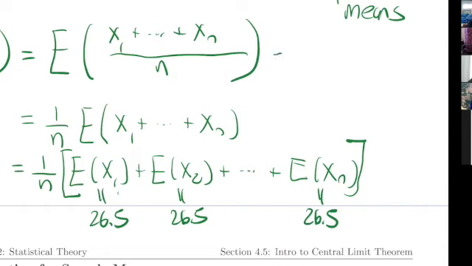So altogether, this is going to give me 1 over n times n times 26.5. That corresponds to the n times that we're adding together 26.5.